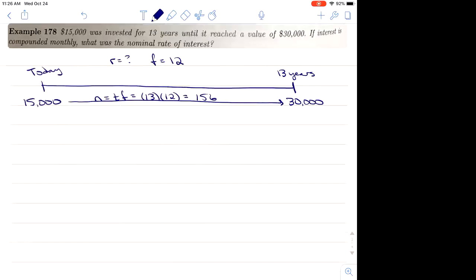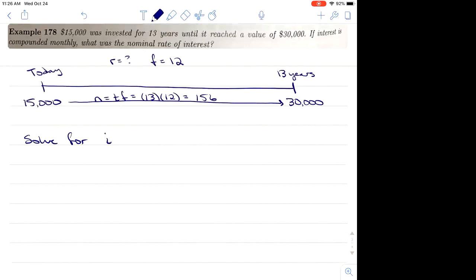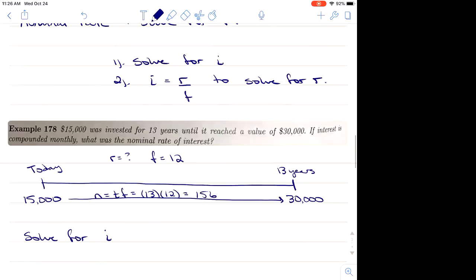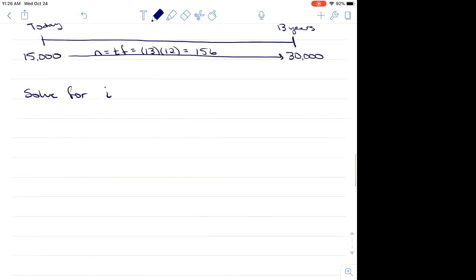It's pretty simple, but first, solve for I. We have our formula for I, and we just developed it up here. So I is the nth root of the future value over the present value, all minus 1.